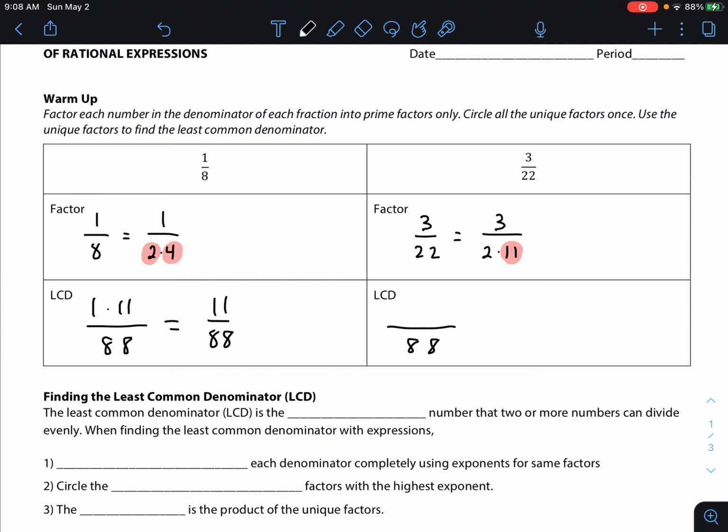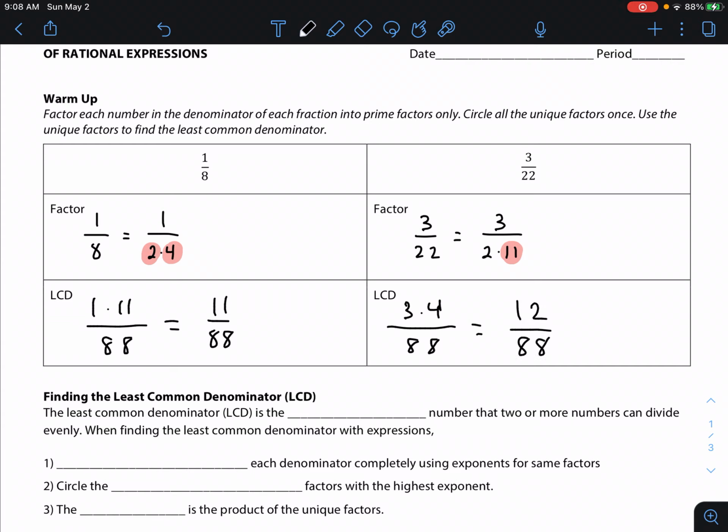So the unique factor is 4. There's already a 2 in the other one, so we only want to multiply it by a 4 because 22 times 4 gets us to 88, right? So we have to multiply the 3 times 4. And so this is where it gets a little bit tricky. And so we end up with 12 over 88.